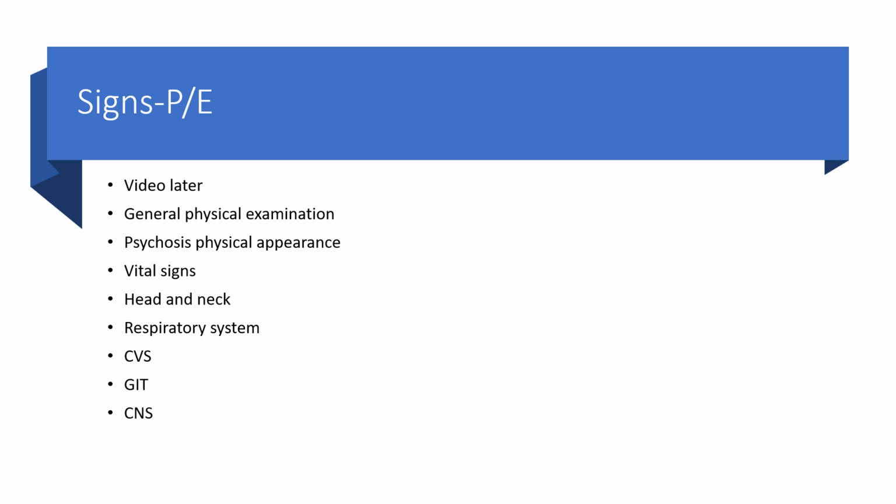And of course, physical appearance should be examined, groomed or not, dressing appropriate for the season or not, speech congruency or not, mood, labile or not, depressed or not. And of course, we'll take our vital signs. That's what will give us whether we're dealing with systolic hypertension, tachycardia or not.